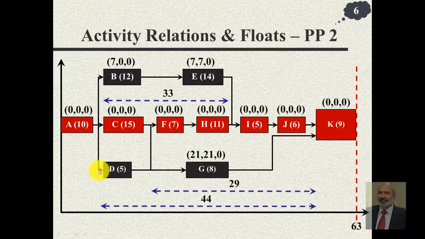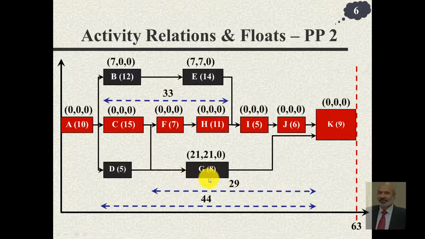Now activity D starts from this point. That means it can be started along with C because B, C and D, all three could be started once A was completed. So the time from here to here is 44 days. Out of 44 days, this portion of the path D, G takes 13 days.